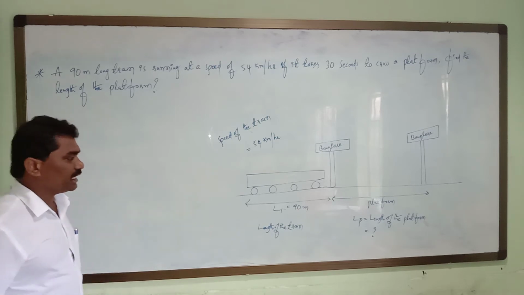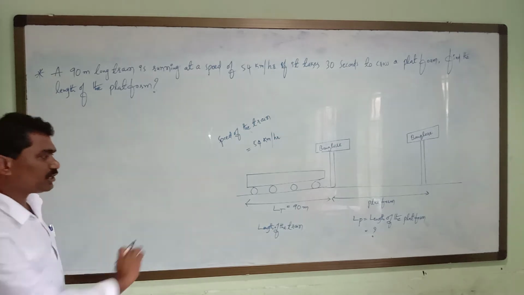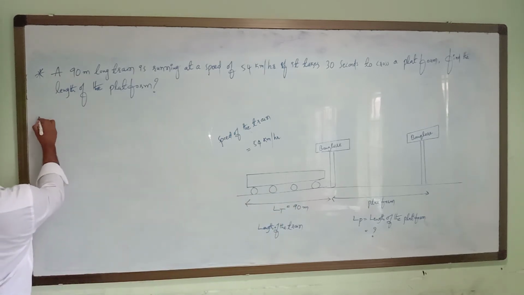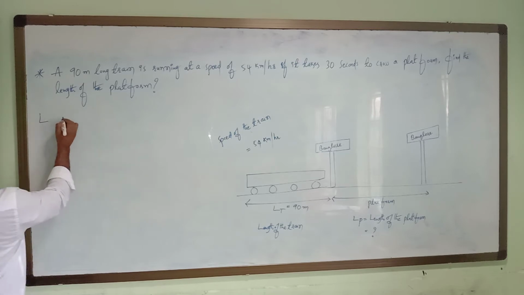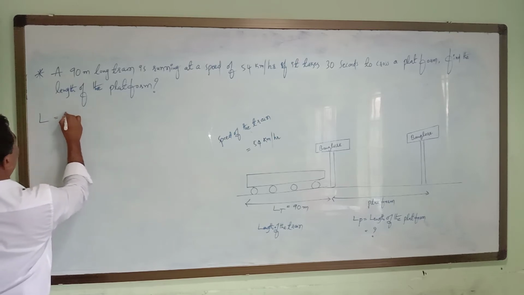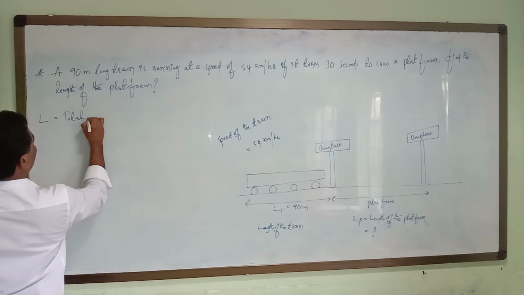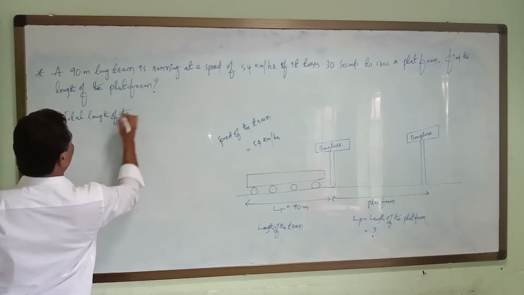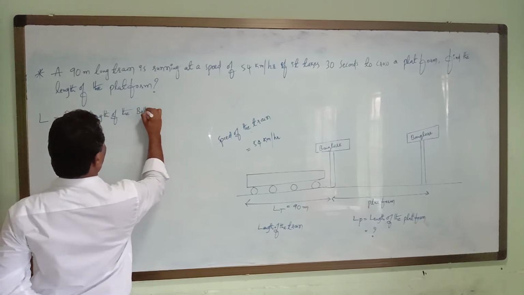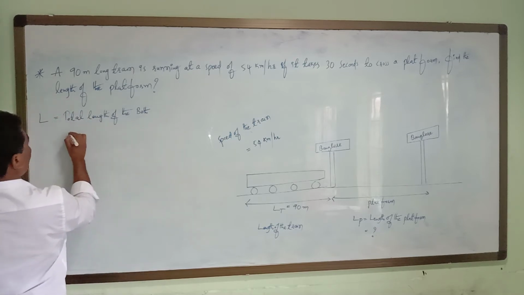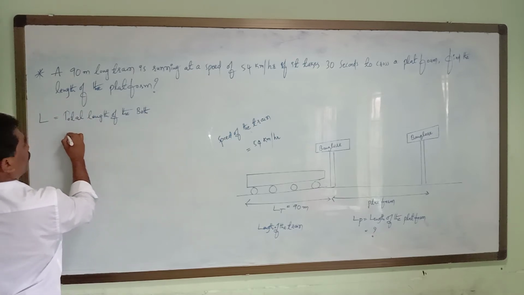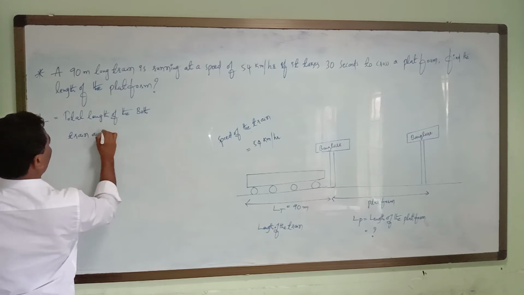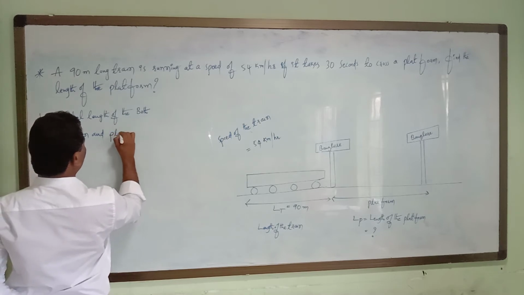So for this, what is the total length of the train and the length of the platform? L is equal to the total length of both train and platform.